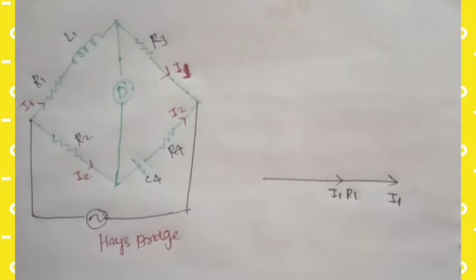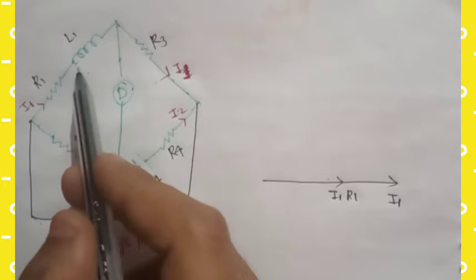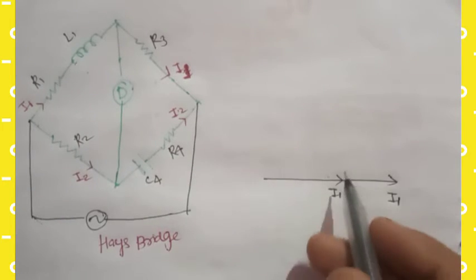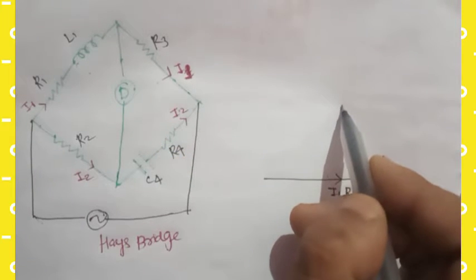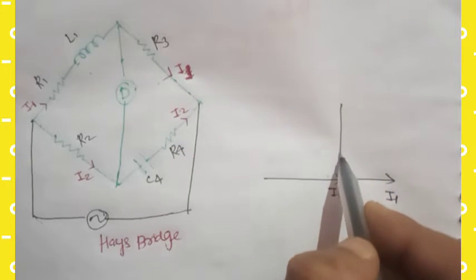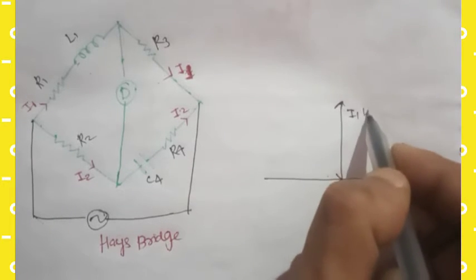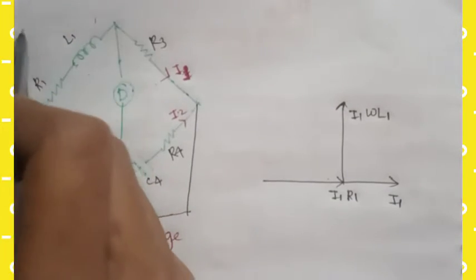In an inductor we know that the voltage leads current. Then what will be the voltage for this? The voltage will be I1 omega L1, perpendicular to I1 R1. What will be E1? This will be E1.